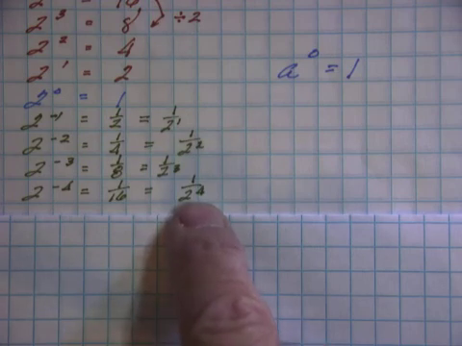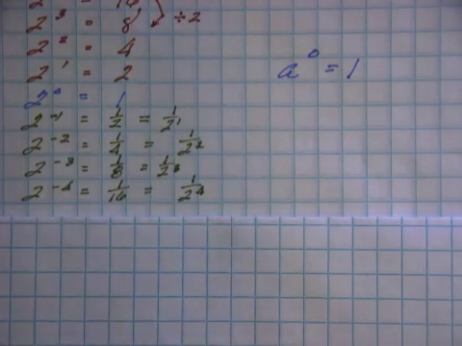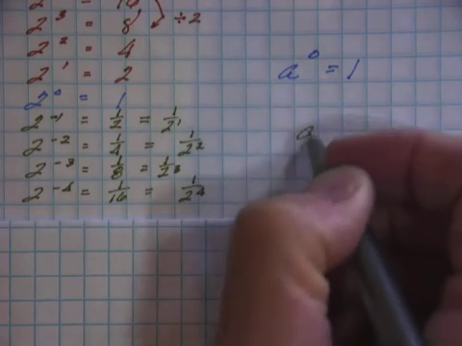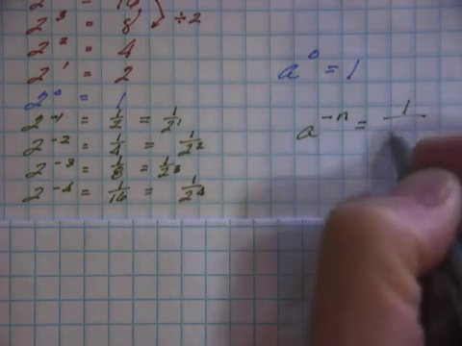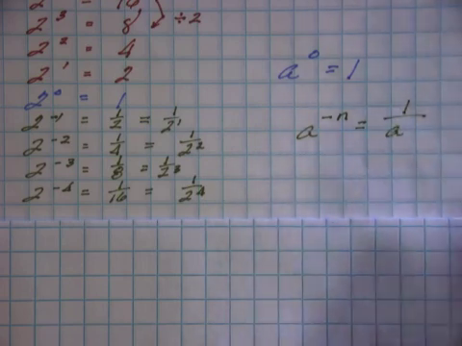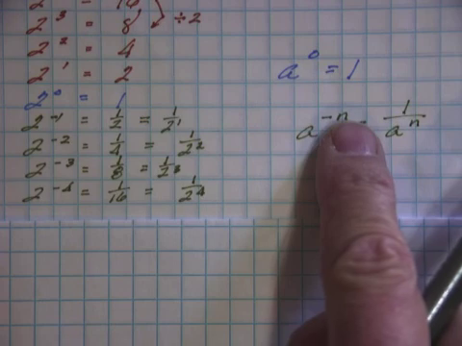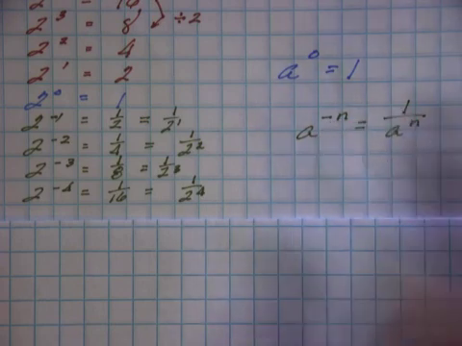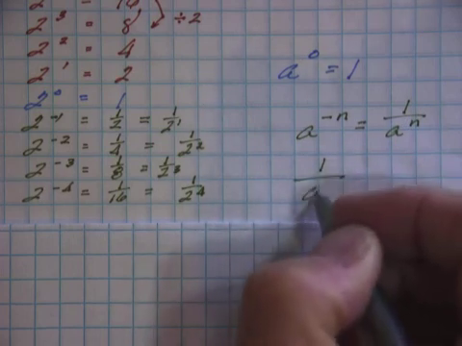One thing we want to remember when we're simplifying expressions is you never want to leave a negative exponent in your expression. So that leads us to our next rule, which is any number to a negative power is equal to 1 over that same base to the positive version of that exponent.